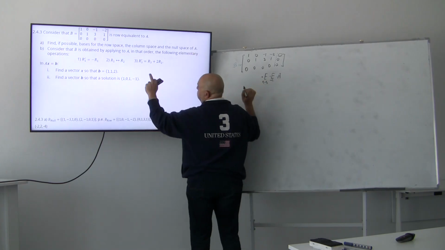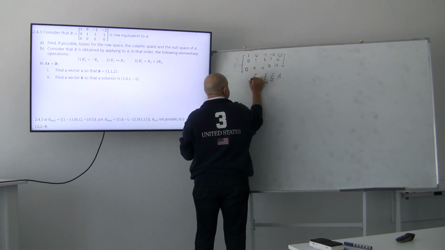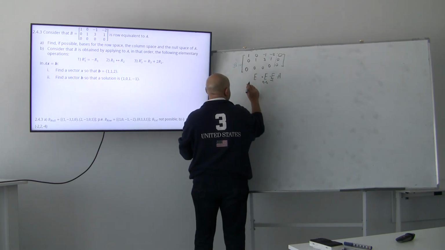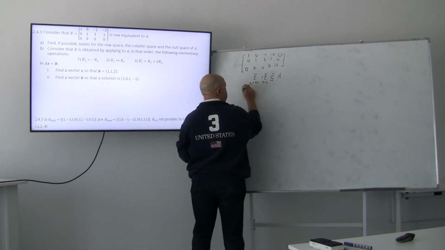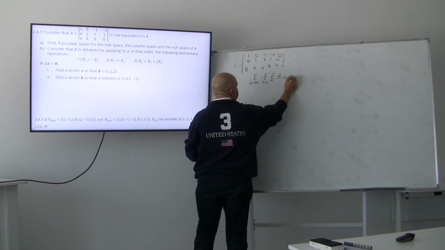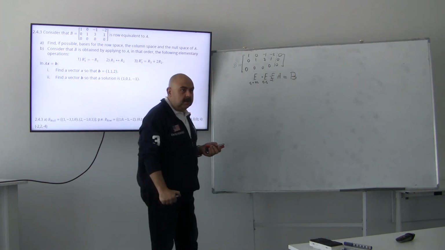Then I will multiply by the third operation, R3 plus 2R2. It's going to multiply the second row by 2, then add it to R3. If I did these operations in that order, I will end up having the B matrix.